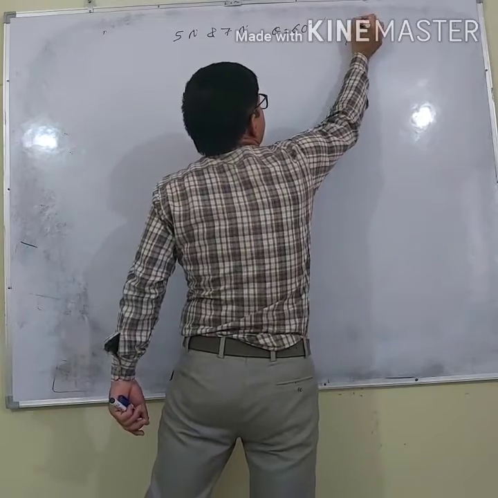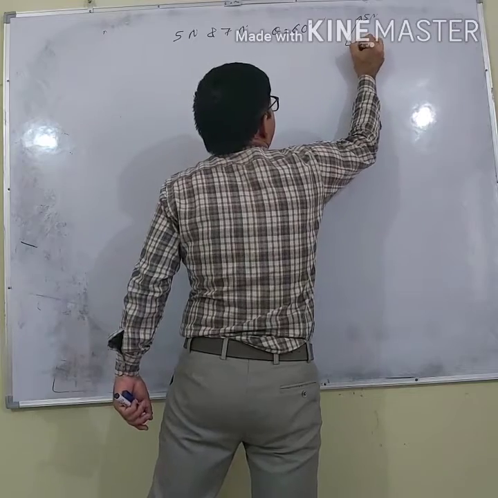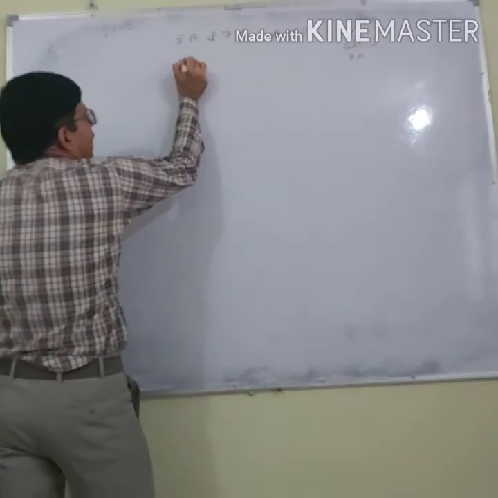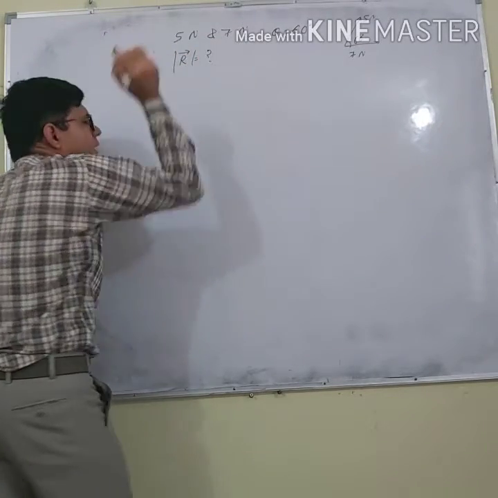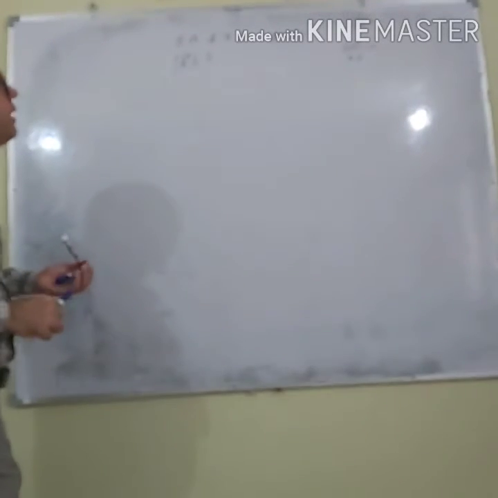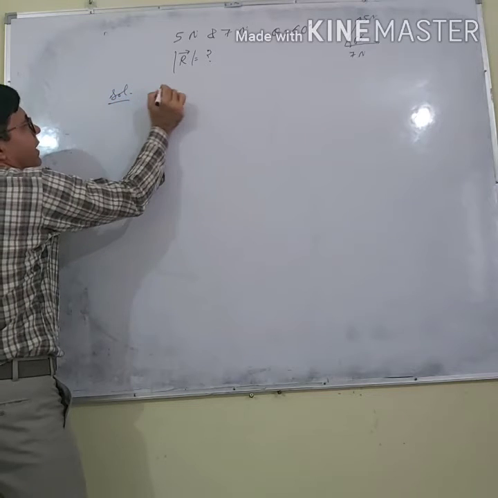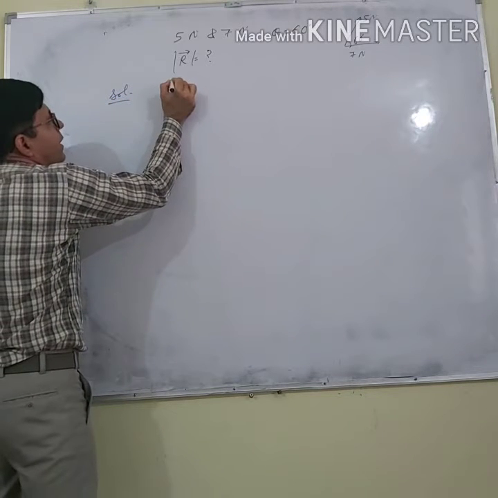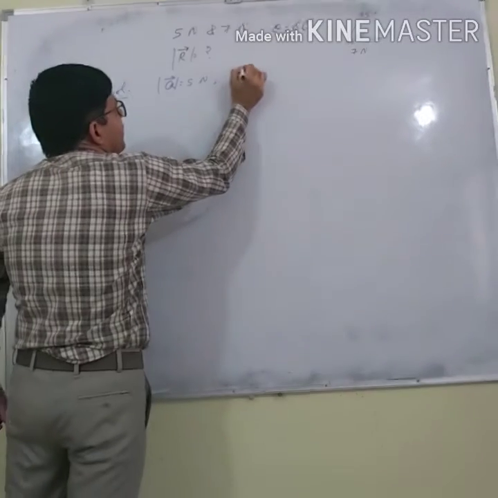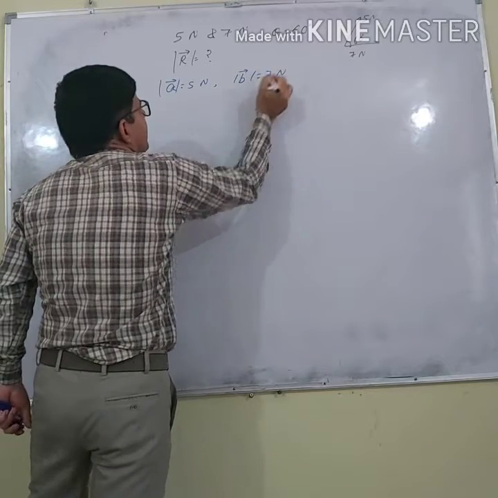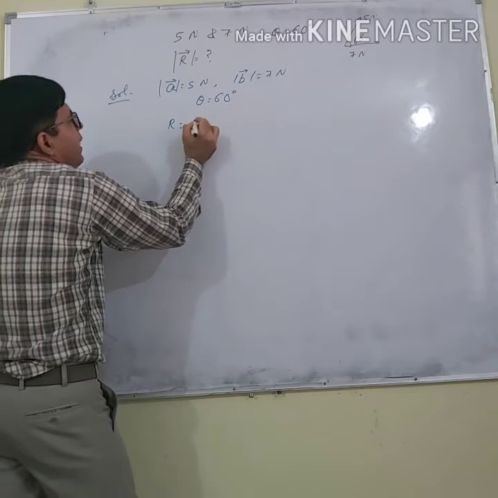Let us say this is the 5 Newton vector and this is the 7 Newton vector, and the angle is 60 degrees. I have to calculate the magnitude of the resultant. So the magnitude of the first vector is 5 Newton, the magnitude of the second vector is 7 Newton, and theta is 60 degrees. R, what is R?